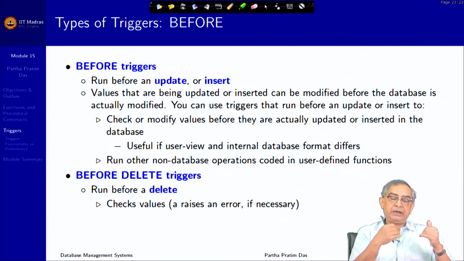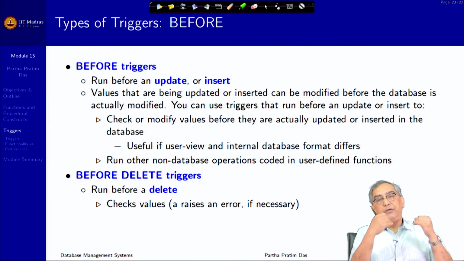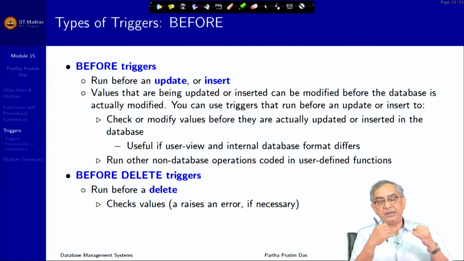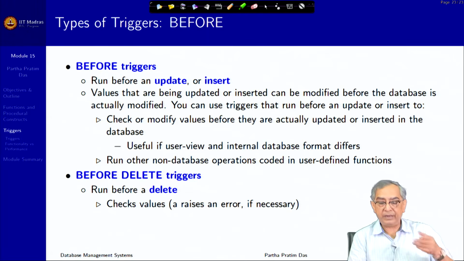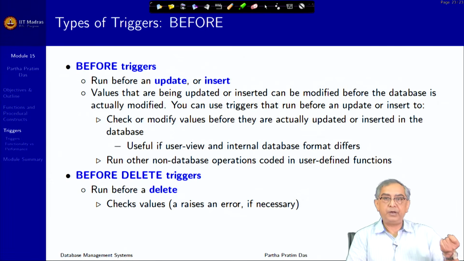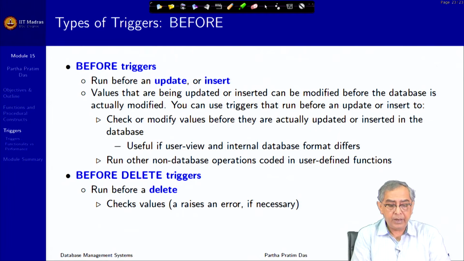But before you can allow it to be updated, you need to convert it to the format in which the database is actually keeping that data. So, before trigger is a very good way of doing that. You get to know that, well, update is going to happen, take that value, transform it and then allow the update to happen. So, there could be several other reasons also.